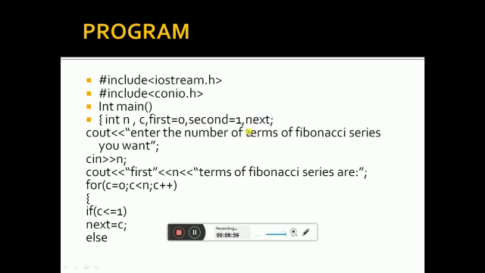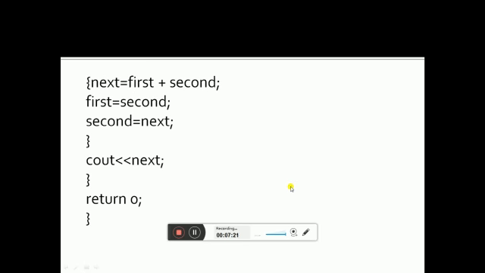Next we have to enter a for loop. The for loop is necessary here because it helps our output, so that we get the number of digits we want in our Fibonacci series. Then an if else is also added, and the most important formula of the program is this. Through this formula this program would work.